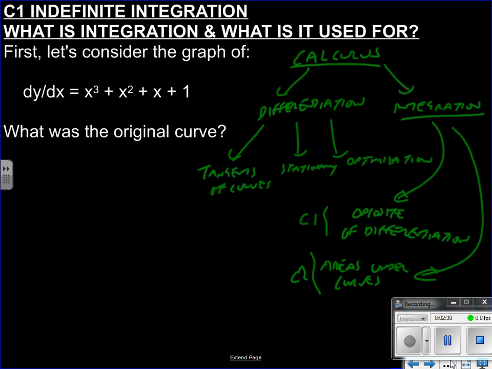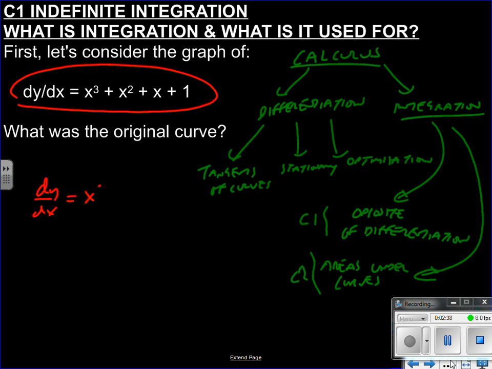So if we started with this function here, a derivative, dy by dx equals x cubed plus x squared plus x plus 1, we're starting with a rate of change, aren't we? That's what we're starting with. And the question is, what's the original curve?